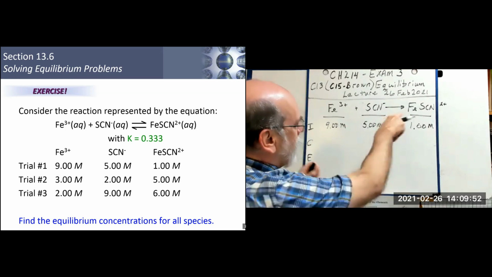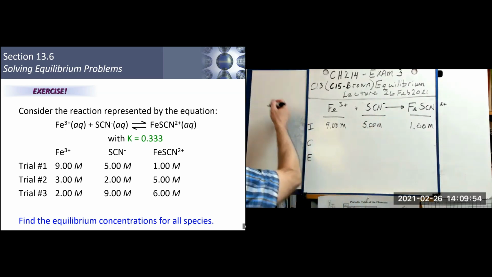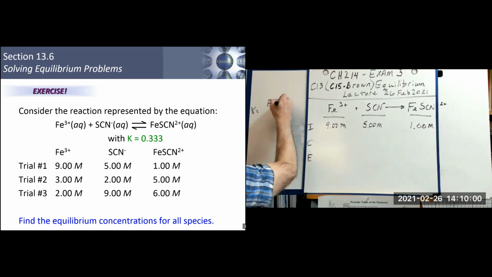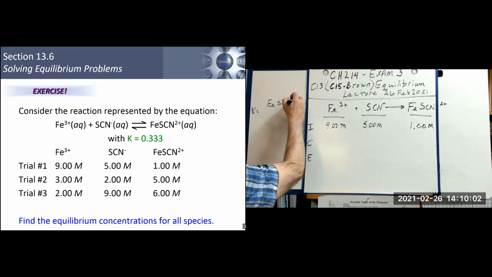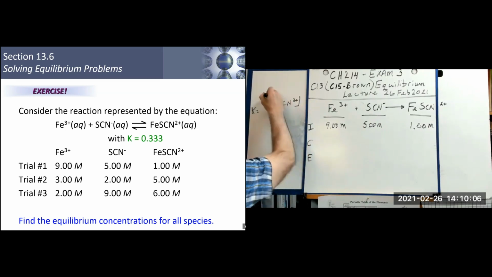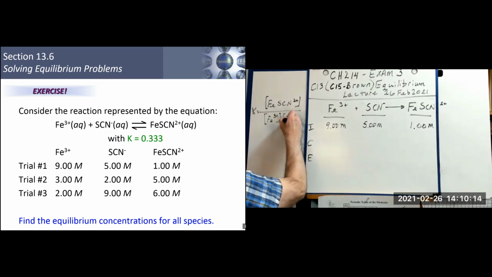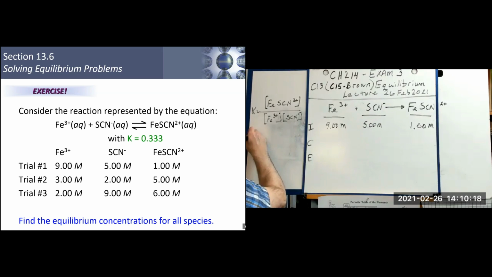So we're going to write the expression over here for K is equal to this one divided by this one. Then we plug in values. So this is our Q calculation.